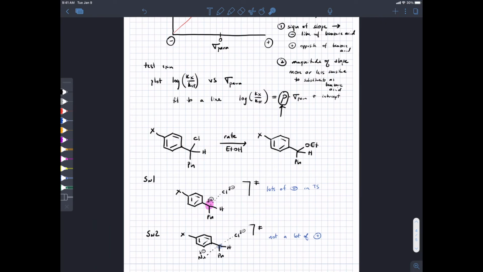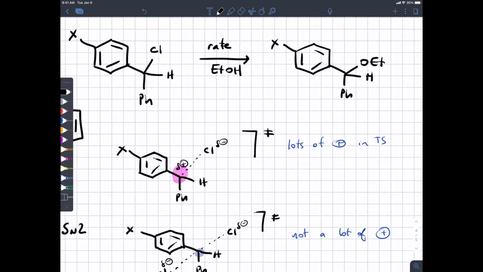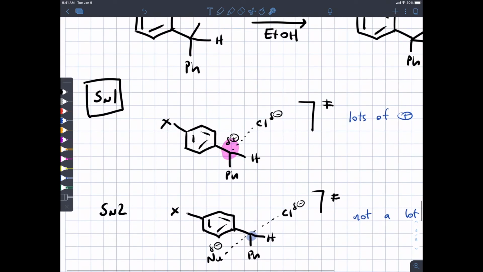What do you predict here? For the Sn1 reaction, if you have an electron donating group here, do you expect that to make the reaction faster or slower?